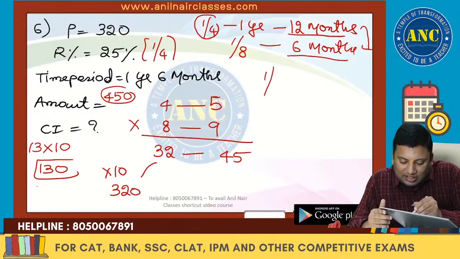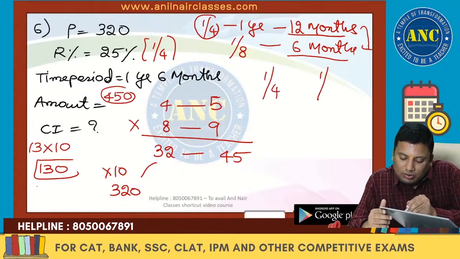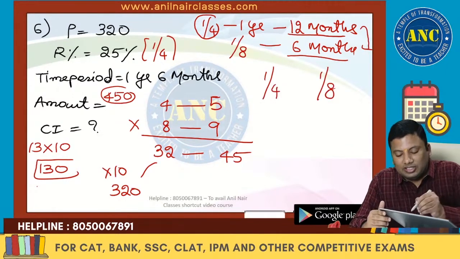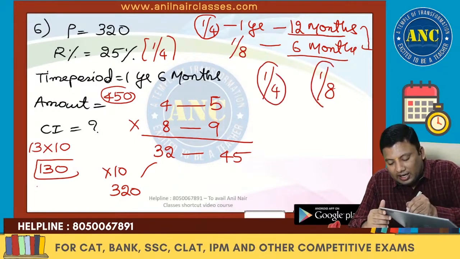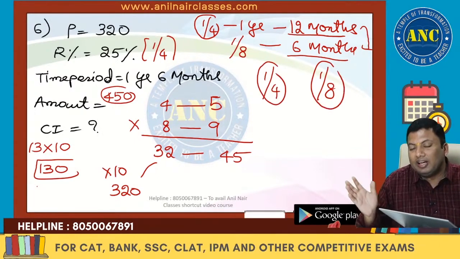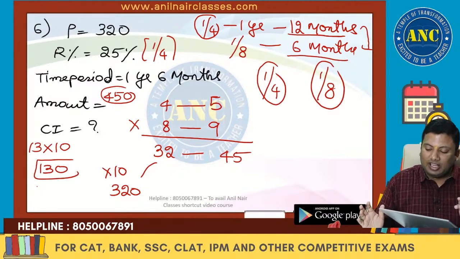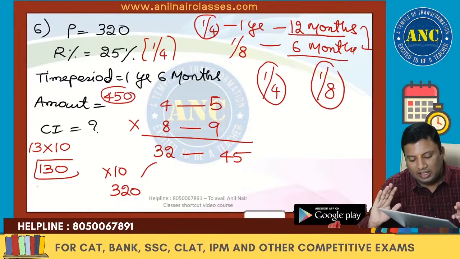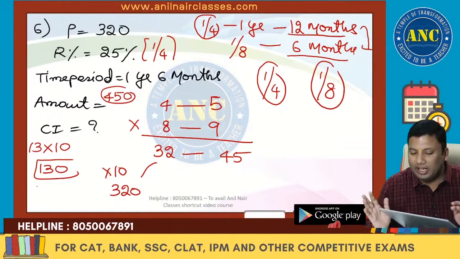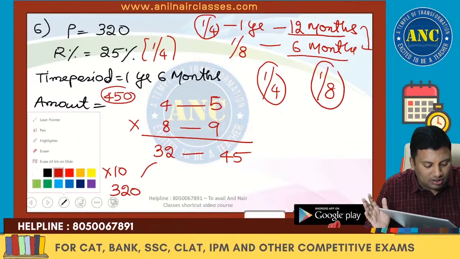First year it is 1 by 4. But for 6 months it is nothing but 1 by 8. 4, 1 increase, 5. 8, 1 increase, it is 9. I hope the idea is clear. We will solve one more.